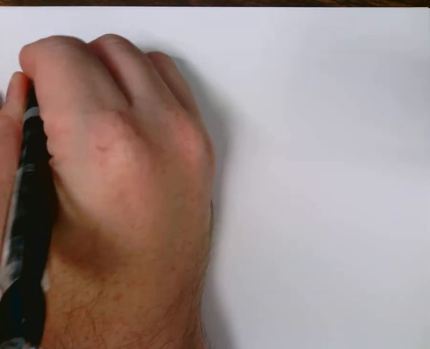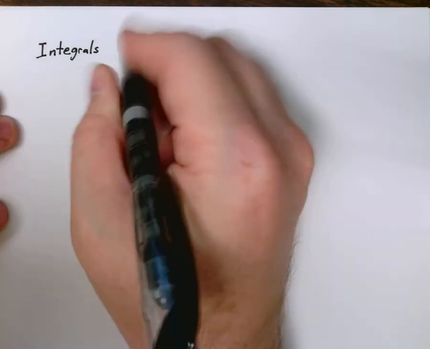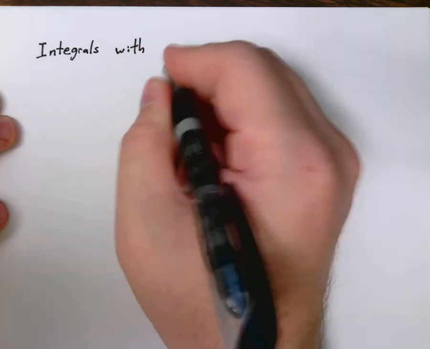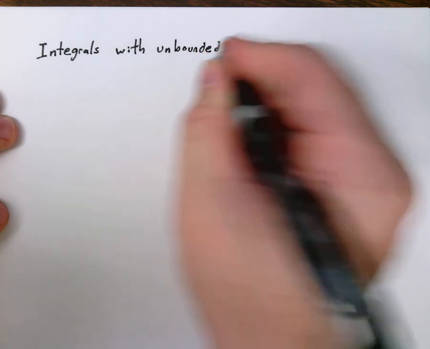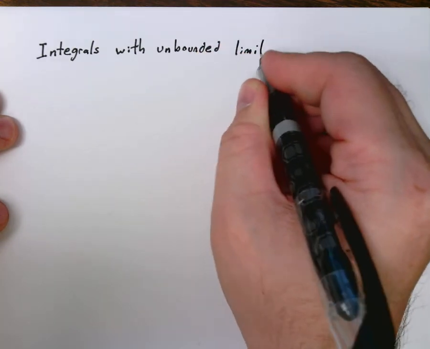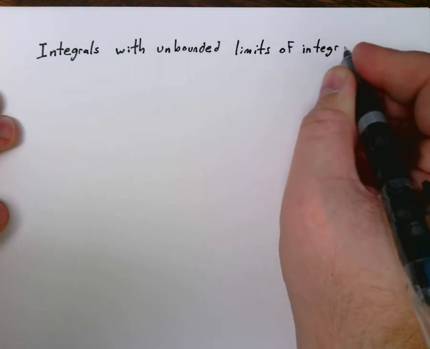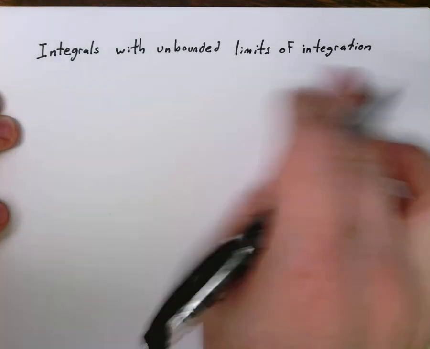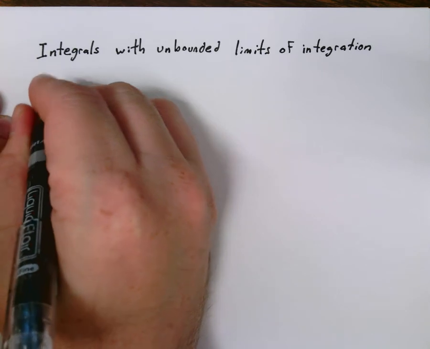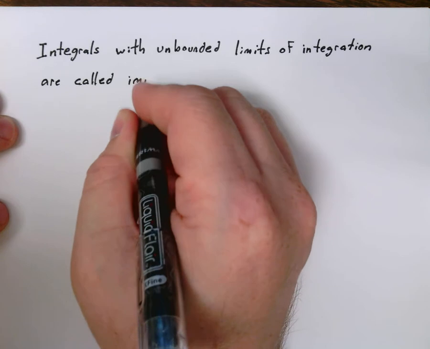Alright, so let's recap a little bit. So we say that integrals with unbounded limits of integration are called improper integrals.